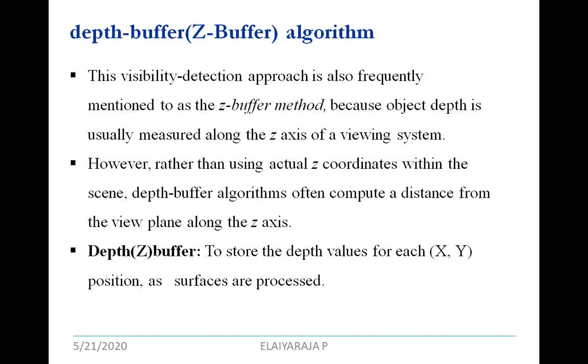Here you assume the viewing plane is xy. On the xy viewing plane, the x and y values are unchanged and the z value is changing. Why? Because you are viewing from the viewing coordinate z onto the viewing plane xy. So your x and y values are unchanged in orthogonal projection.